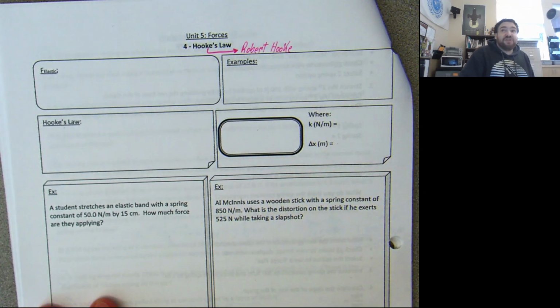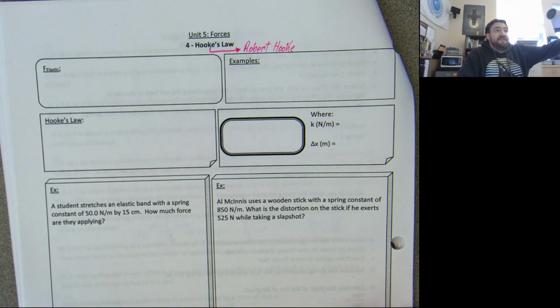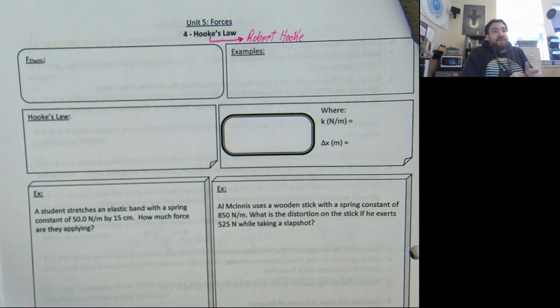To give this some historical context, he was born in the middle of the 1600s, died in the early 1700s. So this is that long ago, 400 years, give or take. And he kind of wrote the book on springs, which is kind of a boring book to write, but that's what he did.